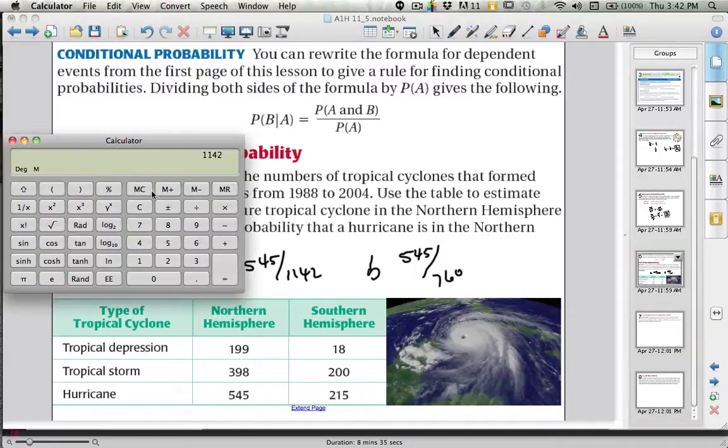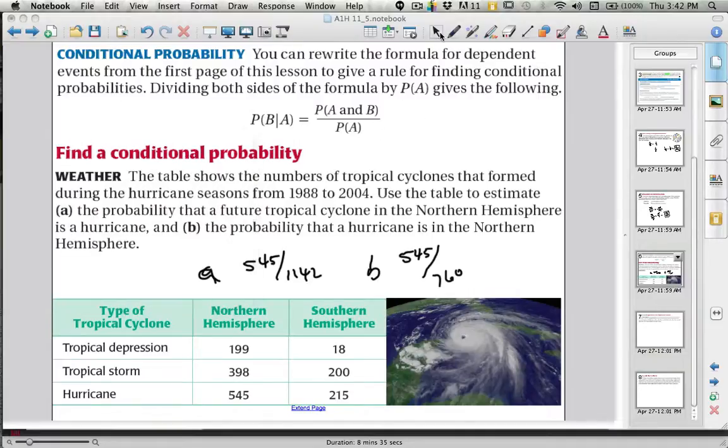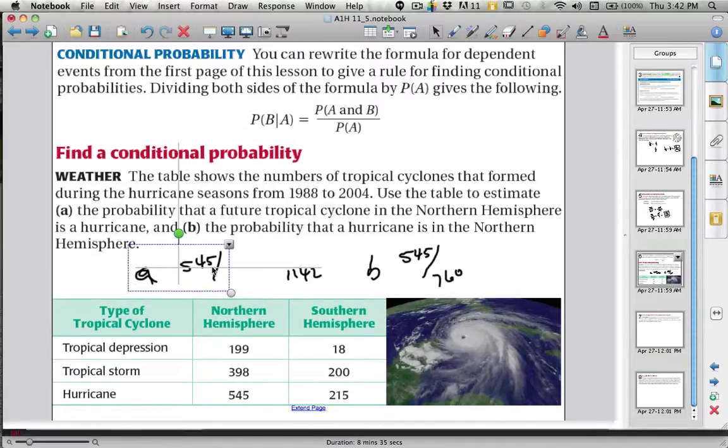So the probability of A in this case is 545 divided by 1142, which is basically 0.477, or 47.7%.